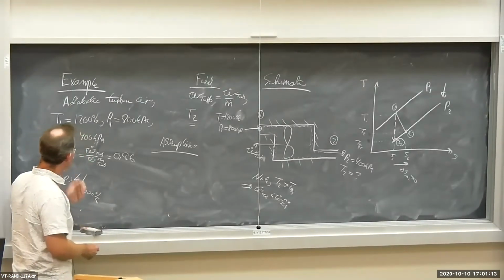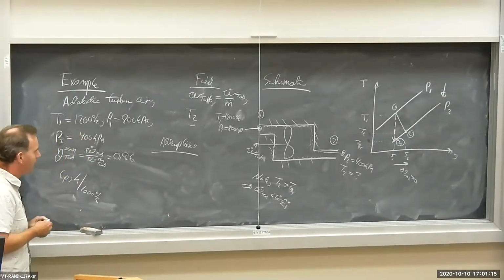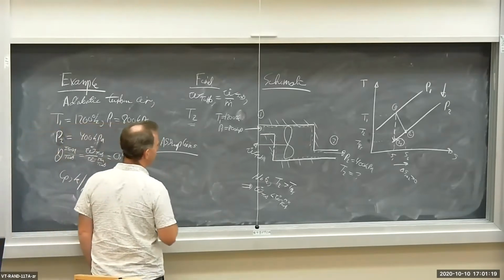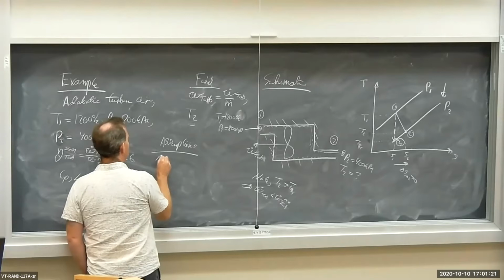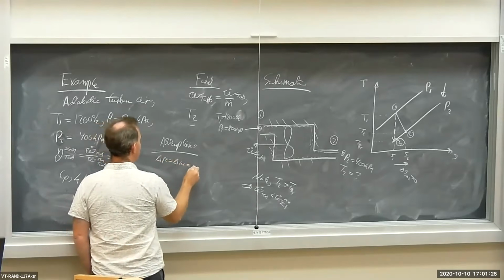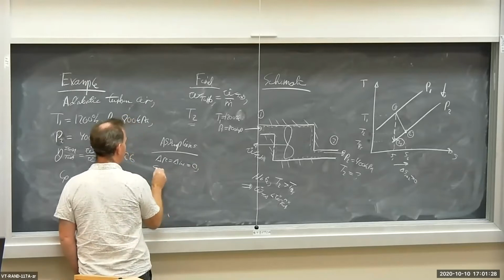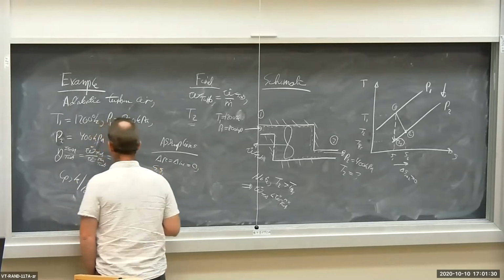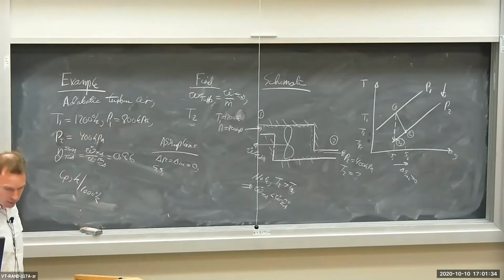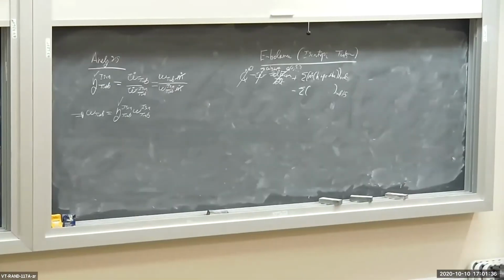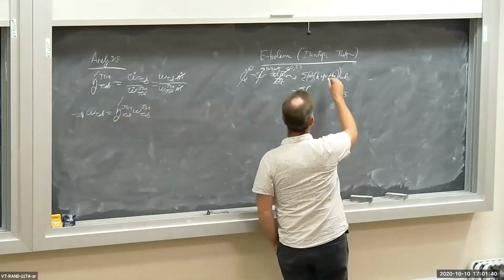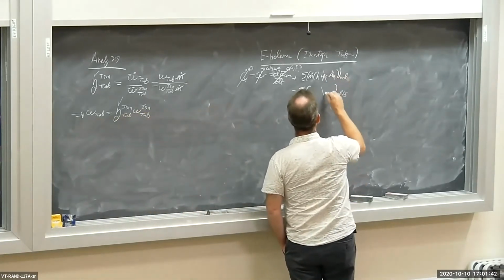All I have are temperatures and pressures. I have no flow areas, I have no m dot. So I am going to neglect the kinetic energy and the potential energy terms. So I'm going to write delta PE equals delta KE equals 0. Also, I'm going to say steady state as well. We're told that it's adiabatic, so I don't need to put that down. So that's gone, and these are gone.